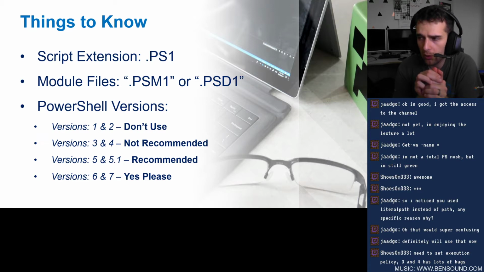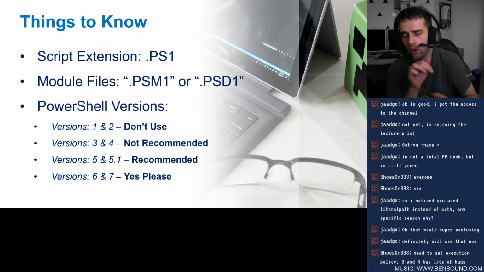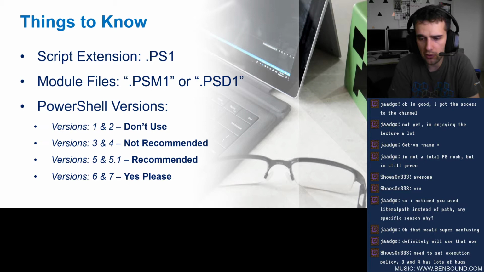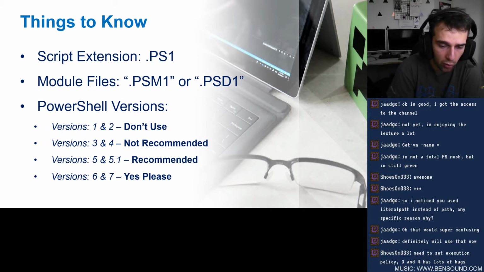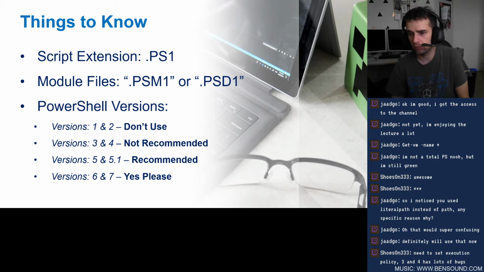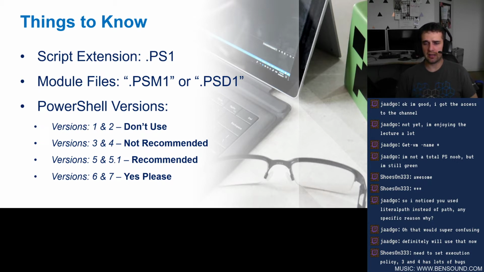And that's really where PowerShell has changed, and why in versions 6 and 7 it's a lot different, because it's cross-platform. It can run on multiple operating systems. The biggest thing with PowerShell 6 and 7, however, is that it is a complete redo of PowerShell. PowerShell 6 and 7 is built on .NET Core.